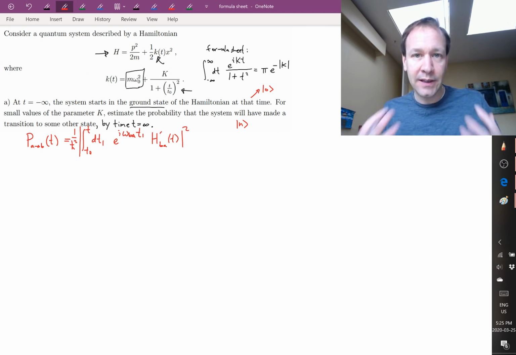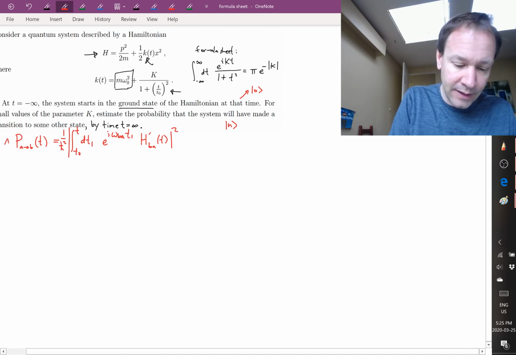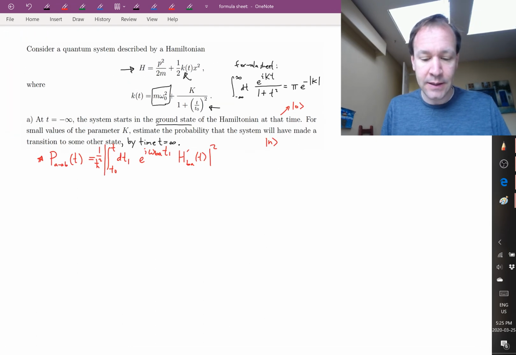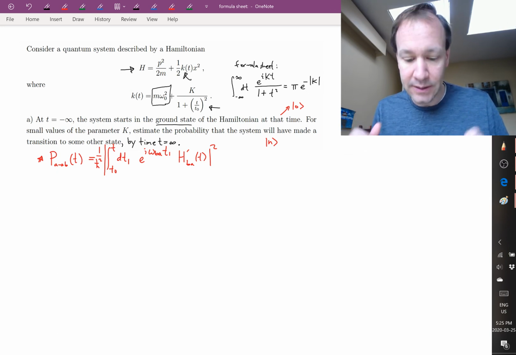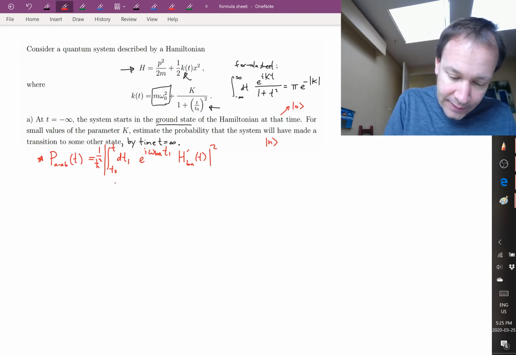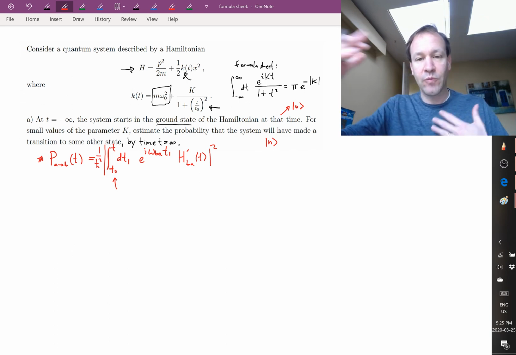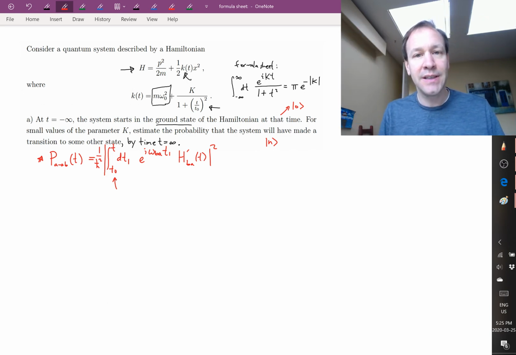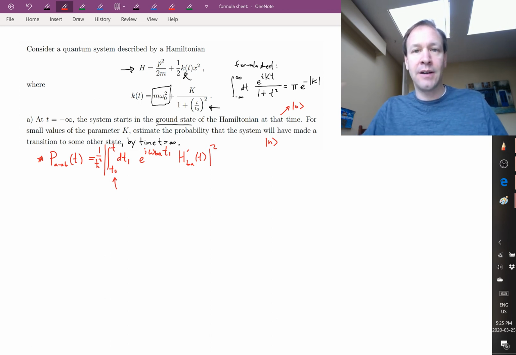So we look at our formula sheet to remember the formula for transition probabilities, and I've already written that down here for us. What we need to do is figure out all the things in this formula for this question. Number one, what are the limits of integration? In this case, our Hamiltonian is on for all time.